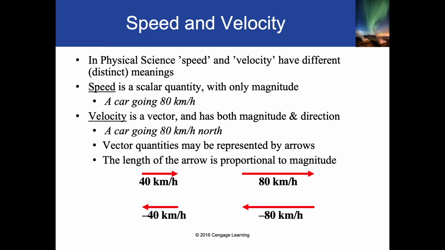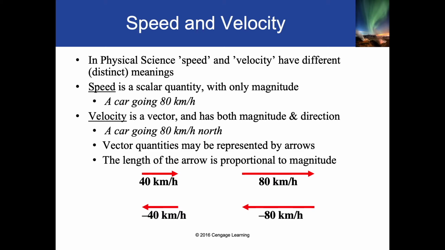So what am I talking about when I'm talking about the rate something's traveling, for example, that bullet or that cheetah? It's actually velocity that I'm talking about. Speed is a scalar quantity. When you talk about speed, all you're really saying is, hey, this car is going 80 kilometers per hour.